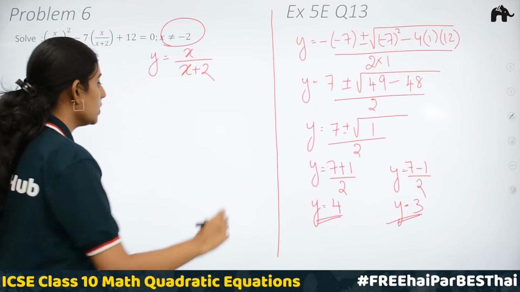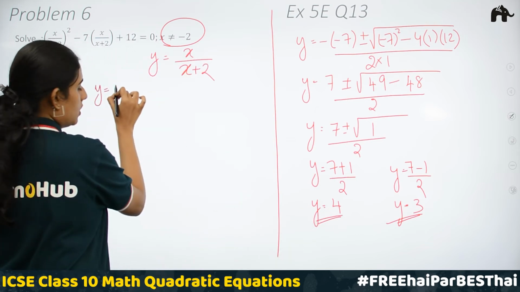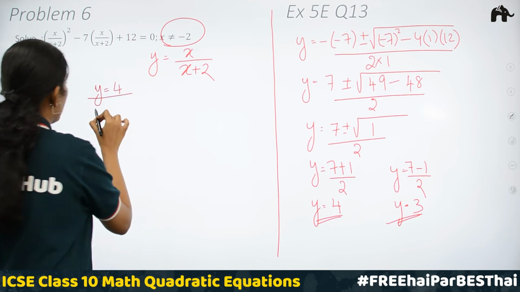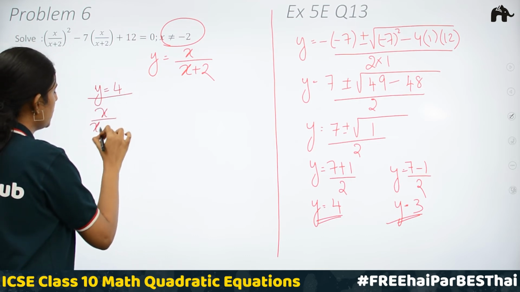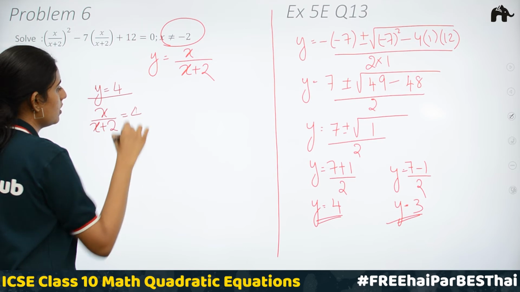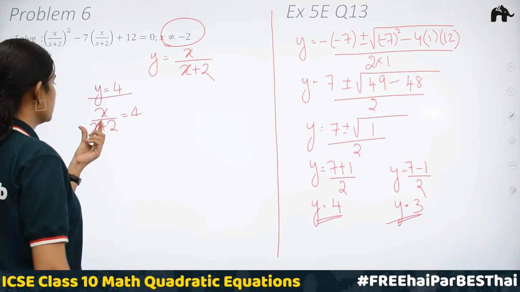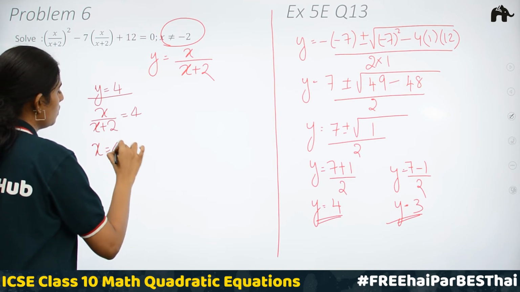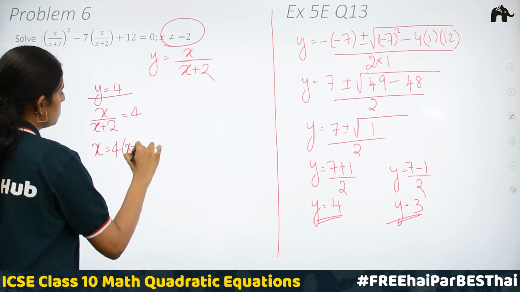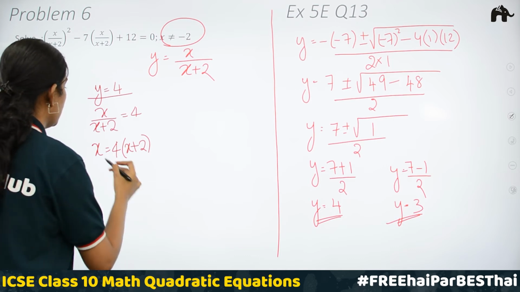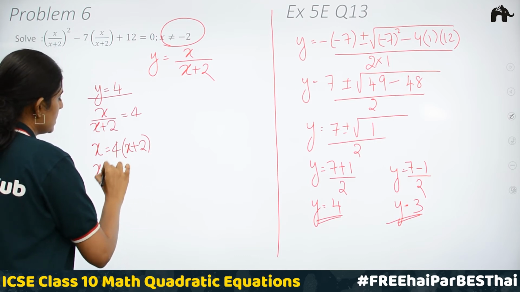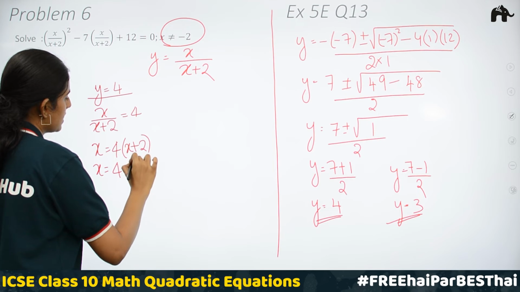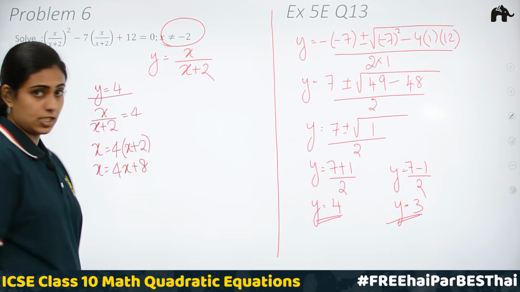When y is equal to 4, we have x by x plus 2 is equal to 4. Taking this part to the numerator, you get x is equal to 4 into x plus 2. That is, x is equal to 4x plus 8.